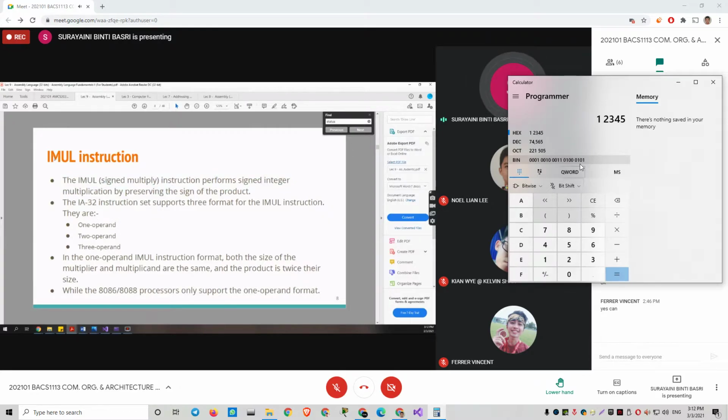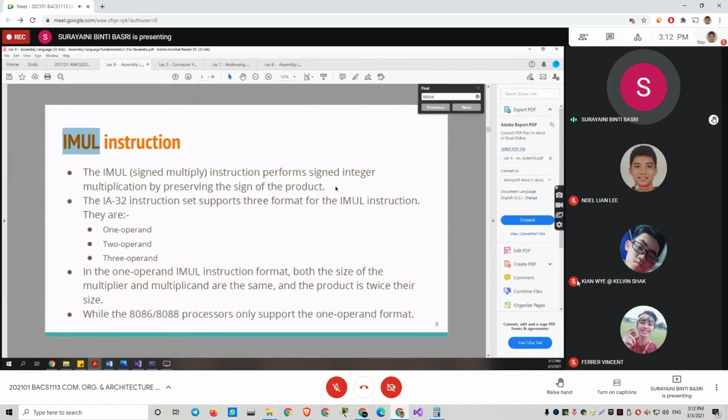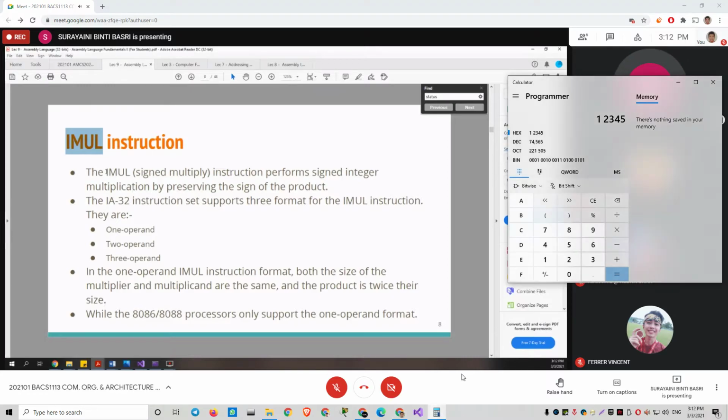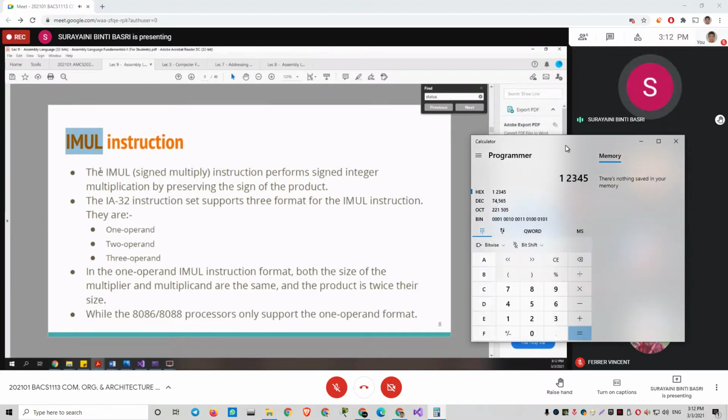This is for signed integers that have a negative number. The IMUL instruction performs signed integer multiplication by preserving the sign of the product. In the IMUL multiplication there are up to three operands.